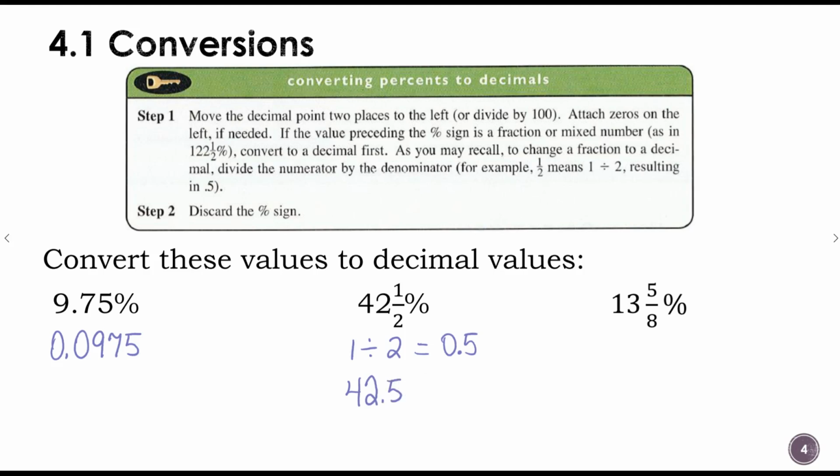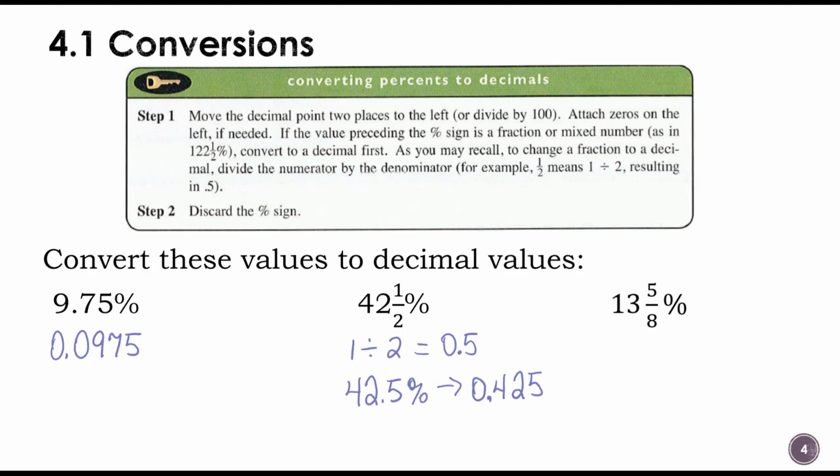We're still in percent mode, notice. And then I'm going to write that in decimal form, which means I move my decimal 2 places to the left, or just put 42.5 on your calculator, divide it by 100, so my decimal will be 0.425. And we've converted that.